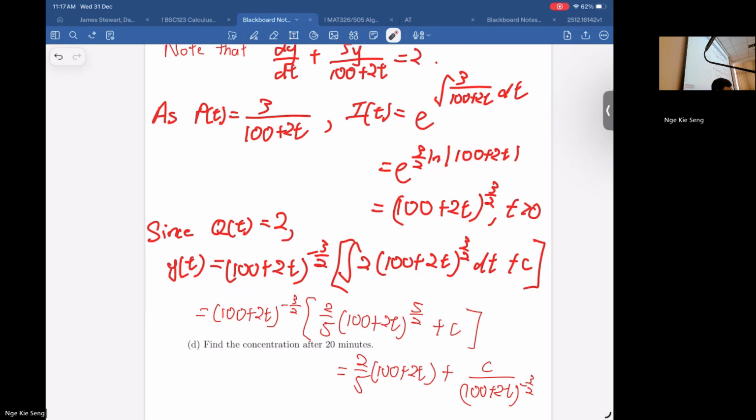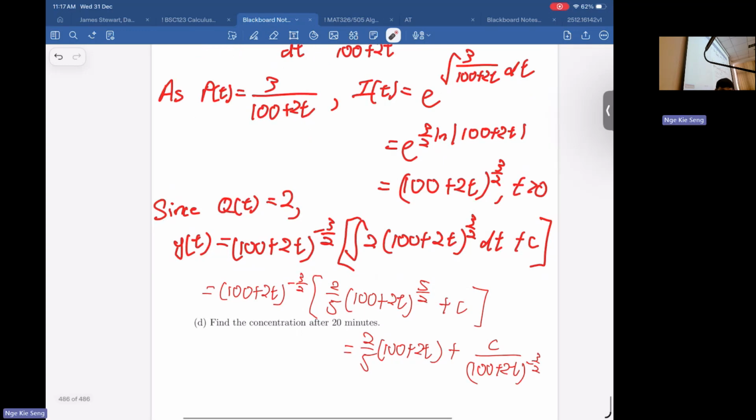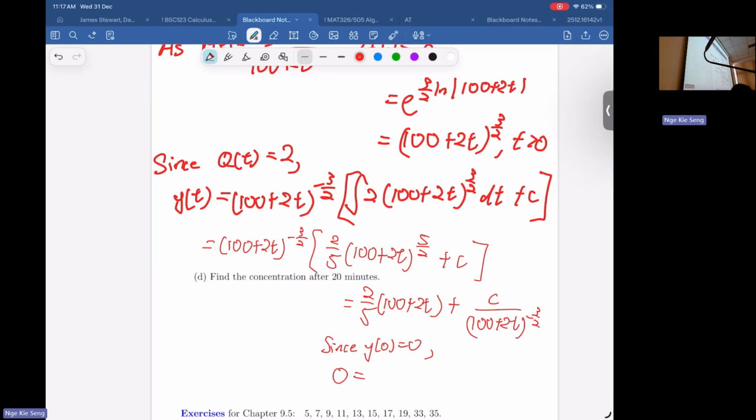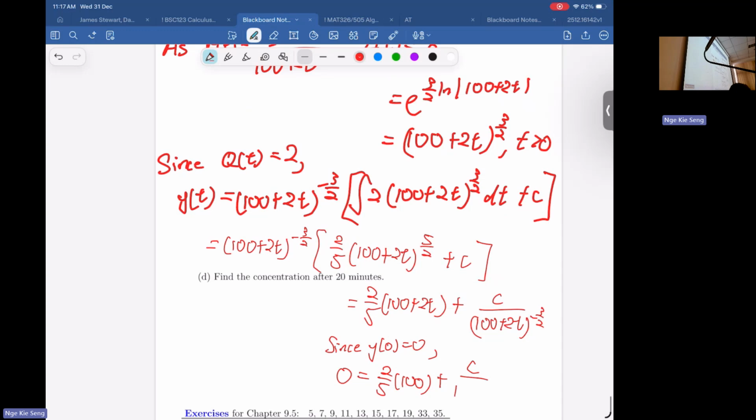Okay, let's continue. Then we need to figure out what this c is. Since we know that y(0) equals 0, in that case 0 equals 2 over 5 of 100 plus c over 100 to the 3 over 2, since the exponent already moved down, so no need for the negative.